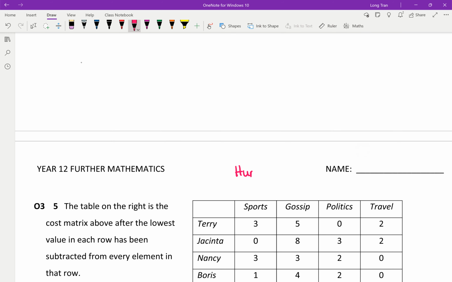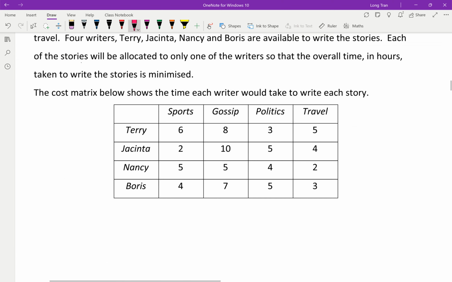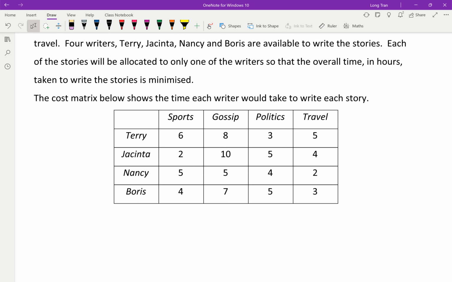Hungarian algorithm: the first thing you do in the textbook they teach you is to subtract each row by the smallest value. So in the row of Terry, you would subtract every one of them by 3. Here you subtract by 2. Here subtract by 2, and here by 3.